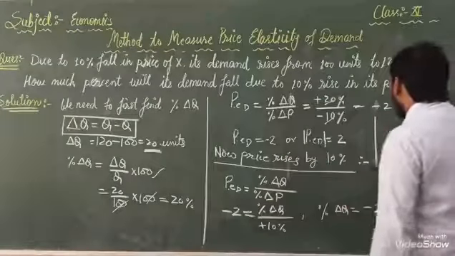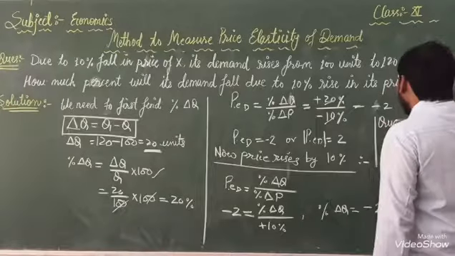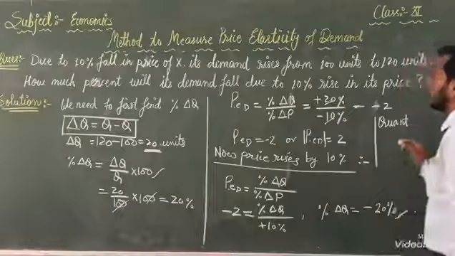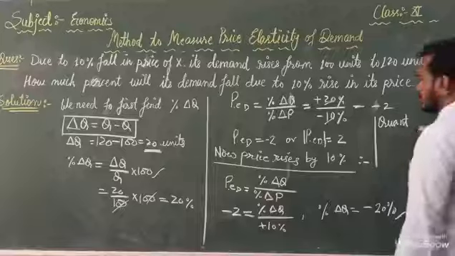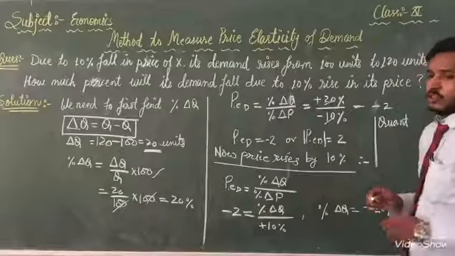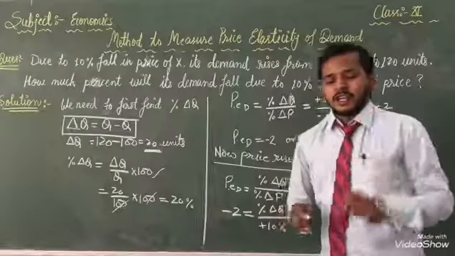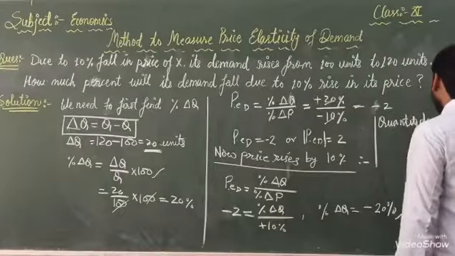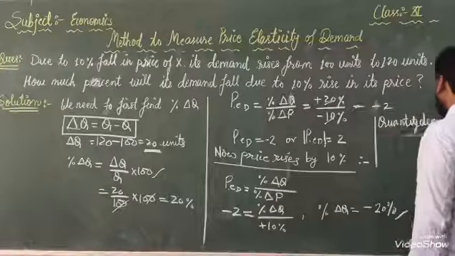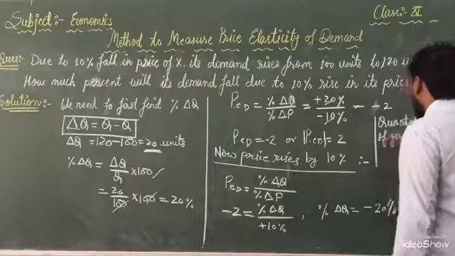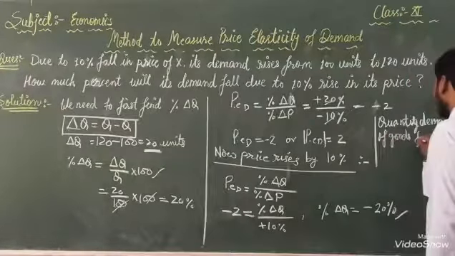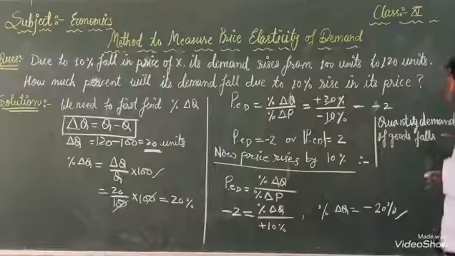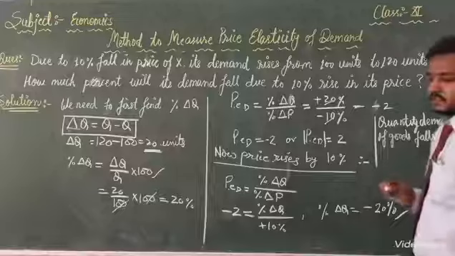We can write here: quantity demand of goods falls 20%.